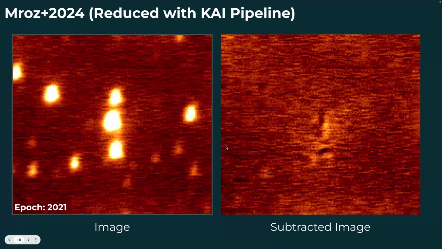I don't know if anyone can point out, it's pretty noisy, but there's potentially something in this region around where the bright source was subtracted, but it's also quite noisy. So it's nothing definitive, I would say, in the form of a potential host star for this FFP candidate. That is re-reducing the 2021 data.